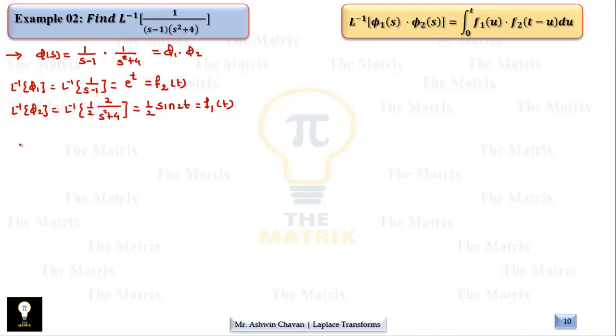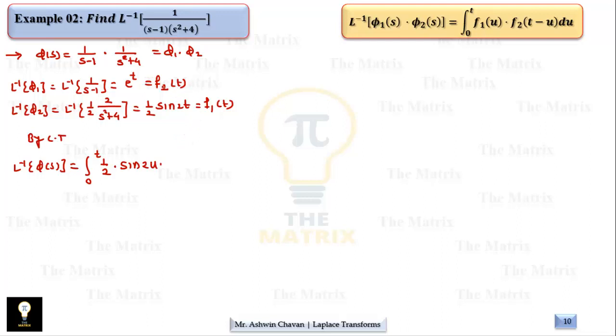So what it gives, by the convolution theorem we get L inverse of the original phi of s is nothing but the integral 0 to t f1 of u, but f1 is our second function, so write that function in terms of u, that is half of sine of 2u, and f2 of t minus u.